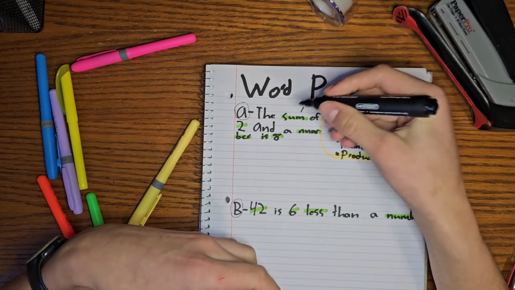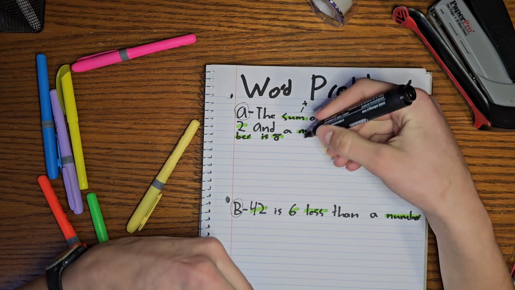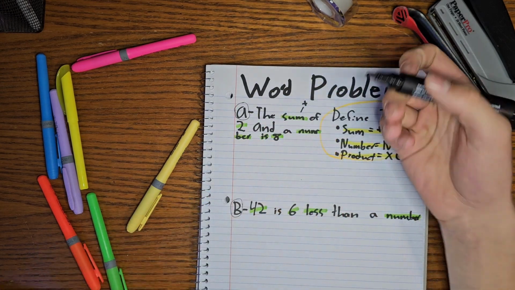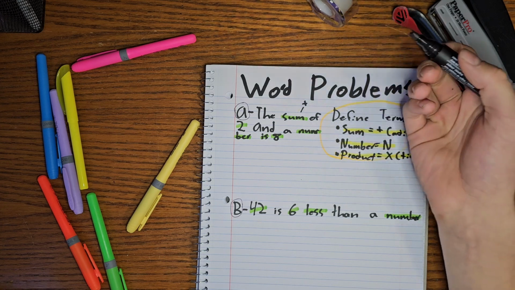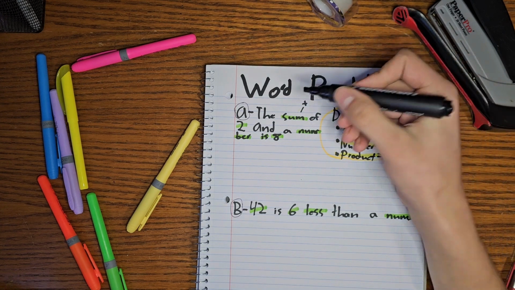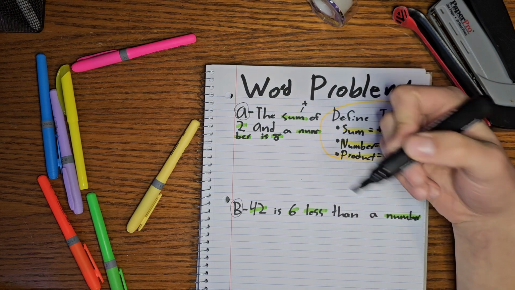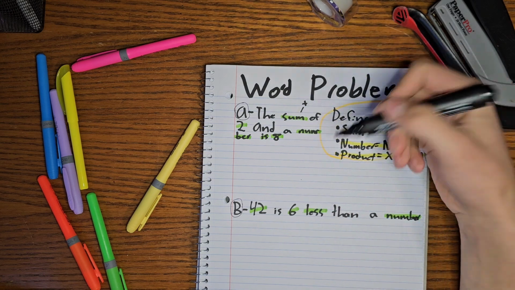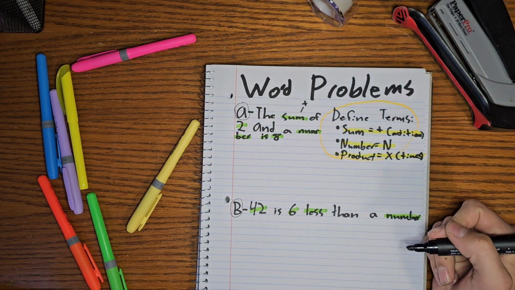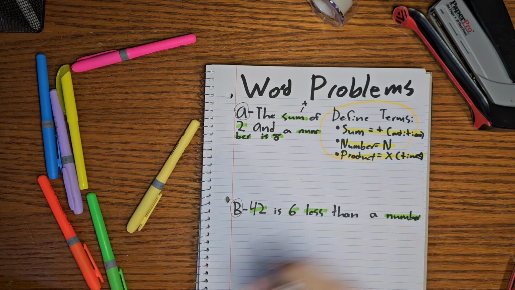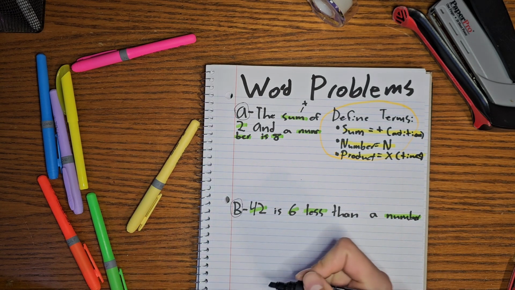So we want to go through this and get this into an equation. We want to get this out of a word problem. I have highlighted all of the important words, and I would recommend you do the same if you have your own question. Pause the video and highlight all of the keywords that you see.